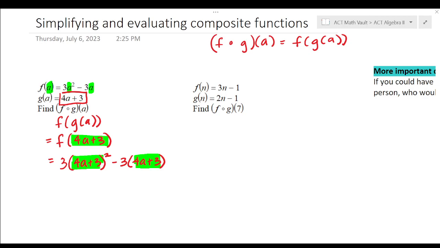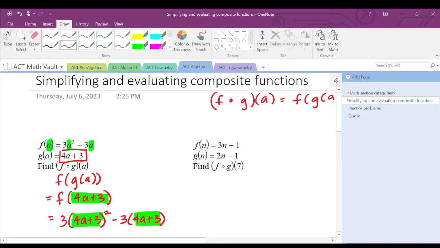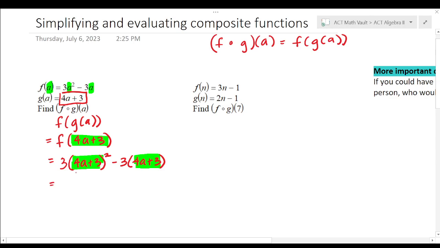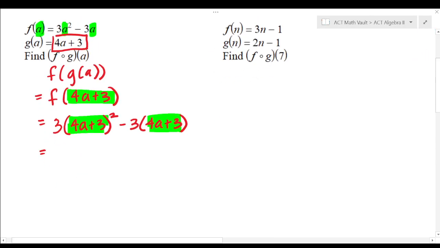So I now just need to simplify, and we have something squared. We cannot distribute that 2. Unfortunately, this is the same thing as 3 times 4a plus 3, 4a plus 3, and then minus, this is 12a minus 9.